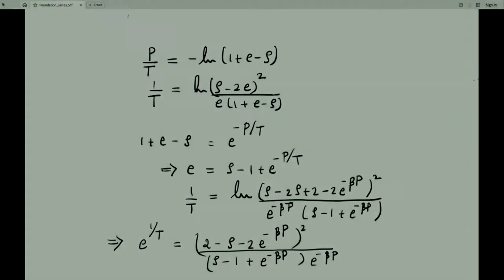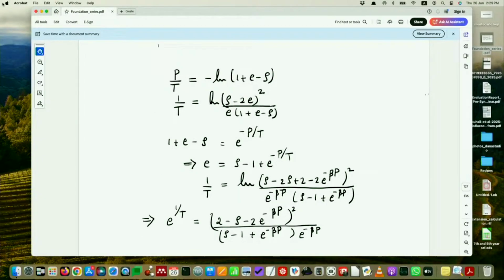Okay. So what we want is to make a plot of pressure versus temperature. Because we don't want to make algebraic errors and we also want to plot, I'll do this on Mathematica.